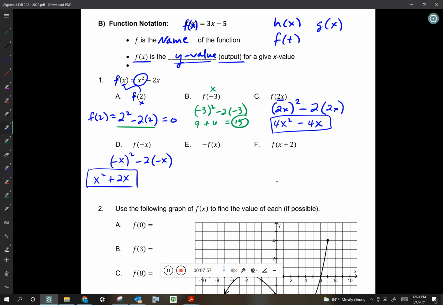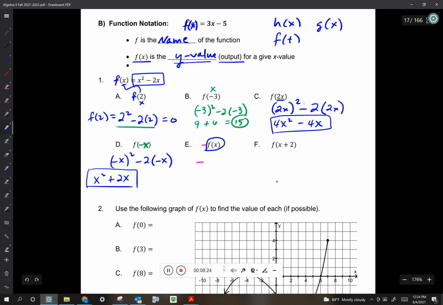Now look at letter E. Notice how letter E is different than letter D. On letter D, we were putting this negative x in place of x because that's what was on the inside. But notice on letter E, the negative is not in the parenthesis, it's out in front. So it means, hey, leave that negative, and now this f of x is, remember up here, what does f of x equal?